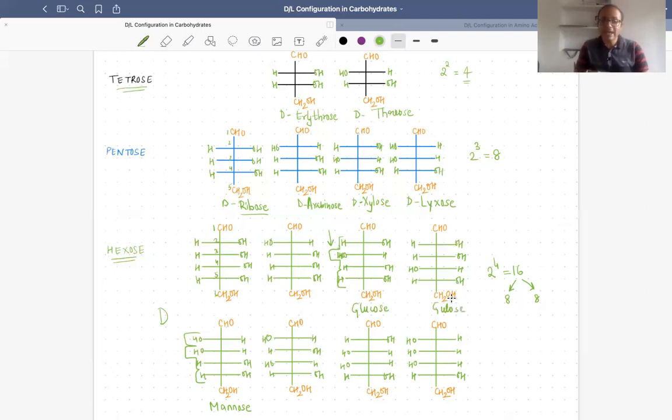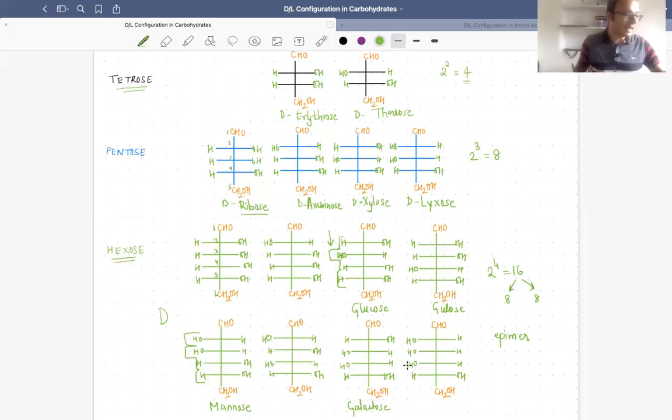Now galactose. Galactose is nothing but a C4 epimer of glucose. 1, 2, 3, 4. So if you know the structure of glucose, it's an epimer. Now what is an epimer? An epimer is that isomer which differs at only one chiral center. So let me write the galactose first.